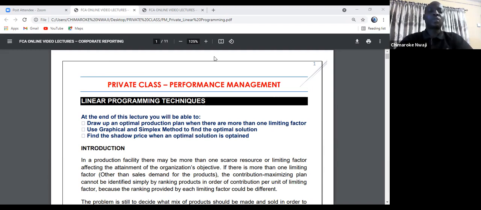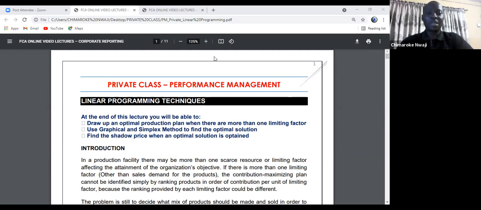In a production facility, there may be more than one scarce resource or limiting factor that will affect the attainment of the organization's objective. In our last class, we learned how we can manage just one limiting factor, one scarce resource affecting the organization.